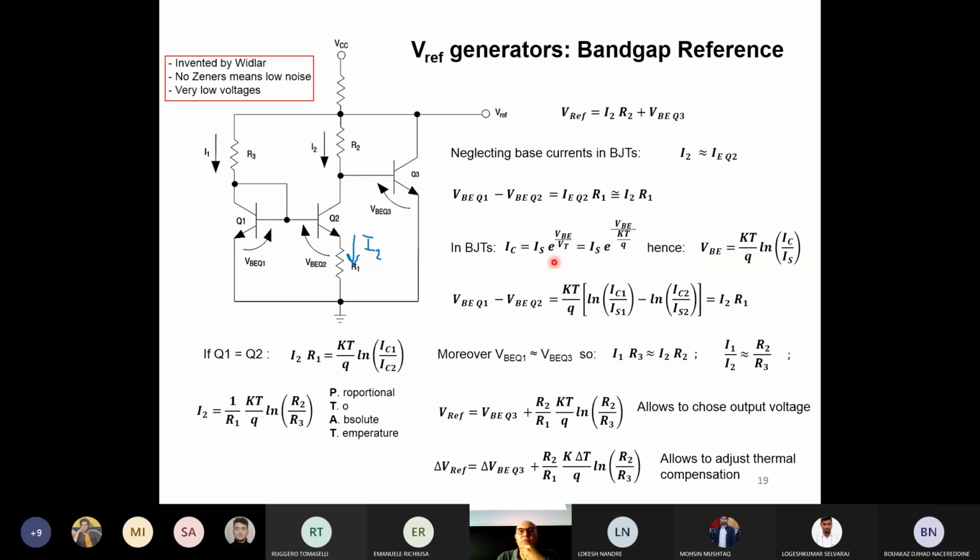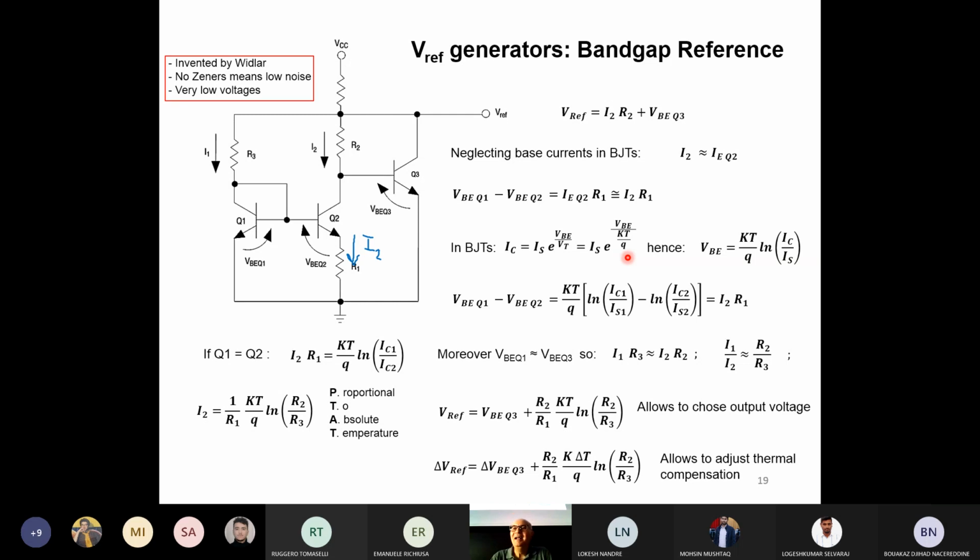Okay? So, in this equation here, in this part here, instead of VT, I wrote KT over Q. K is the Boltzmann constant, T is the temperature in Kelvin, so the absolute temperature, Q is the charge of the electron, 1.6 times 10 to the minus 19, if I remember. Don't ask me the Boltzmann constant, I don't remember, okay.